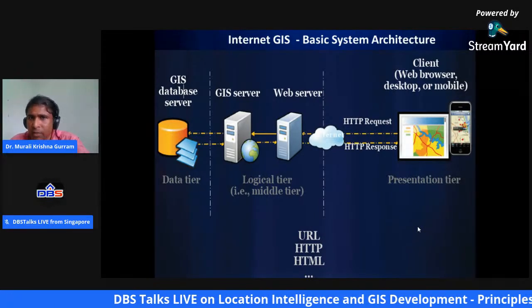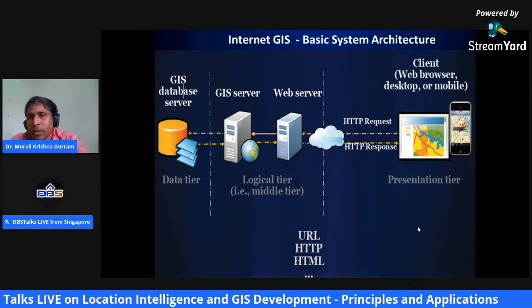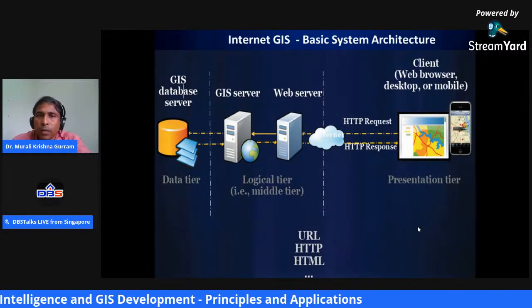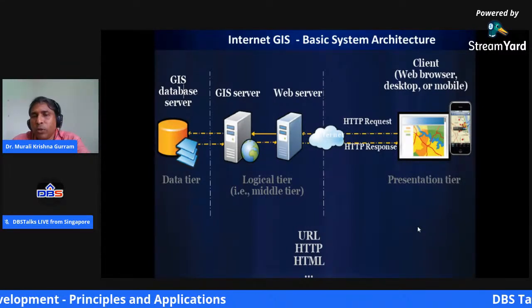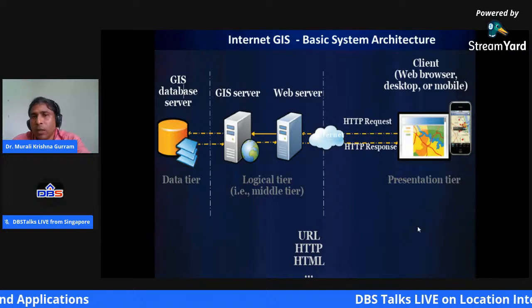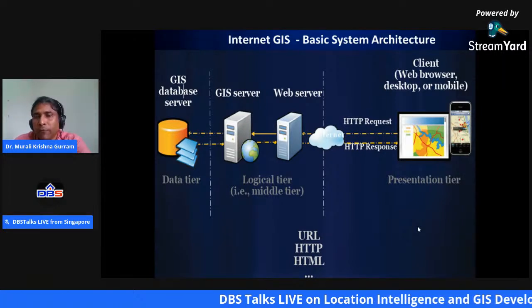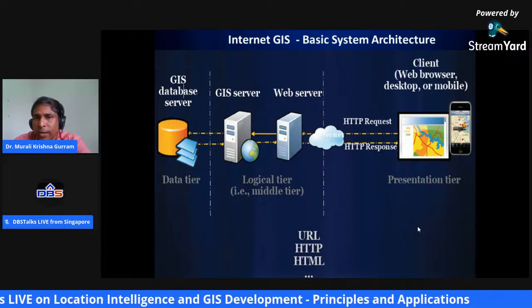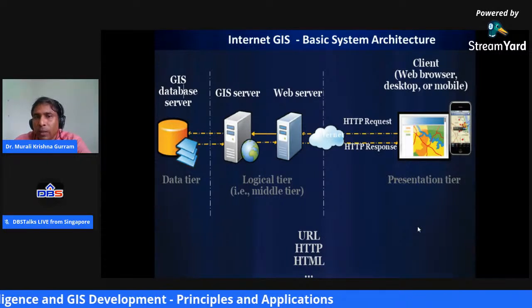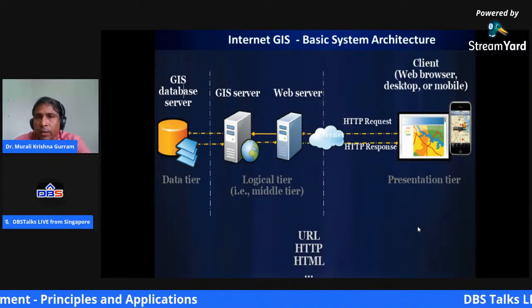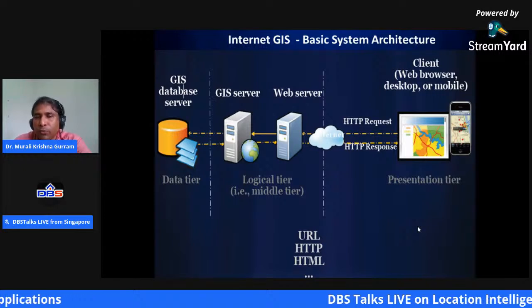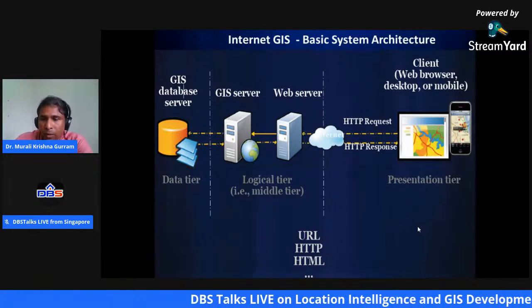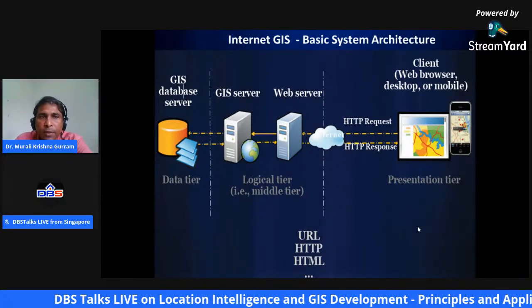You have the internet in between, which helps through some protocols to get the information to the client. At the client side, on the web browser, you have the presentation tier, wherein you have the APIs which allow you to view the content in a desired manner. Next slide, please.